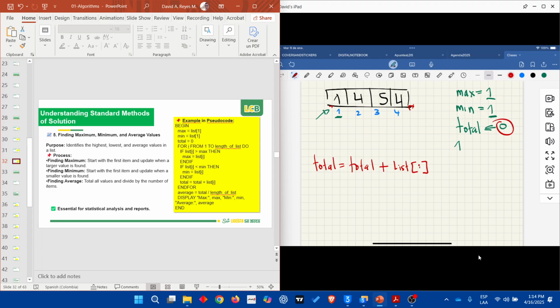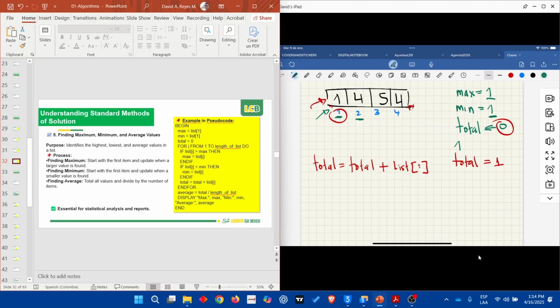Remember that we are in position number 1 at this moment, and the item that we have there is 1. So that means that now total is equal to 1.